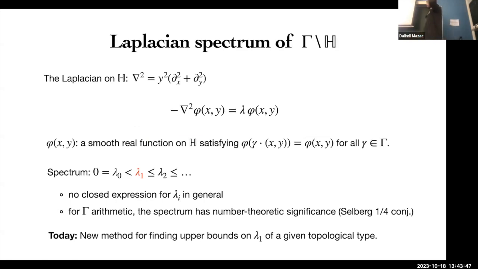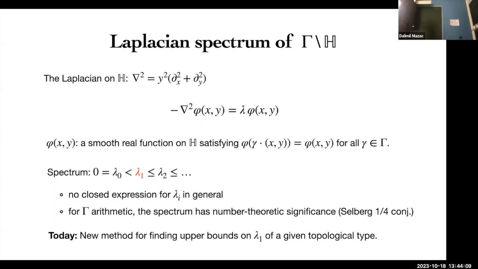Okay, the quantity that we'll care about in the talk is the Laplacian spectrum of that surface or orbifold. So let's review what the Laplacian is. It's a quadratic differential operator on the upper half plane. It takes an explicit form, and we want to solve the Laplace equation.